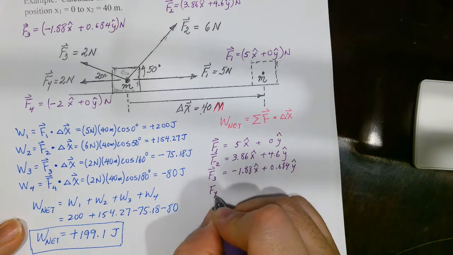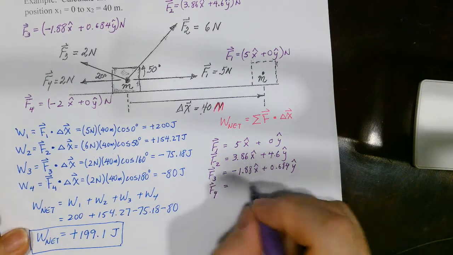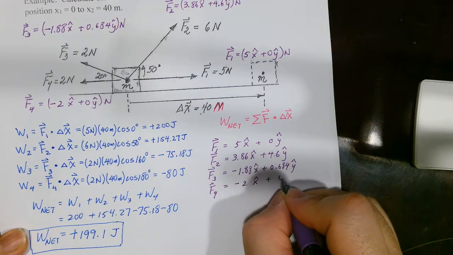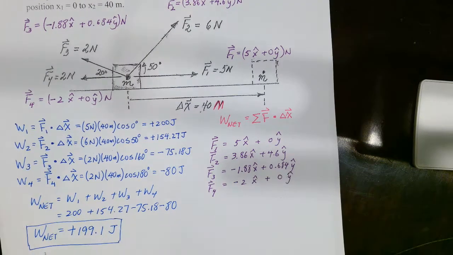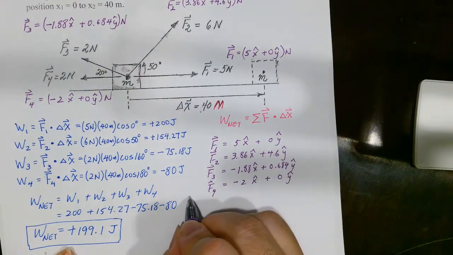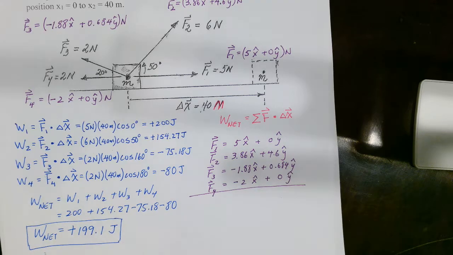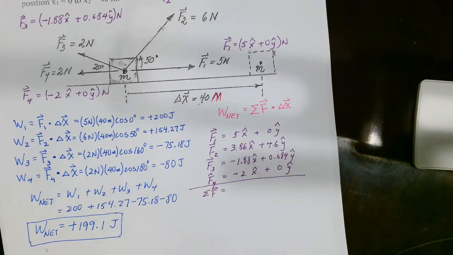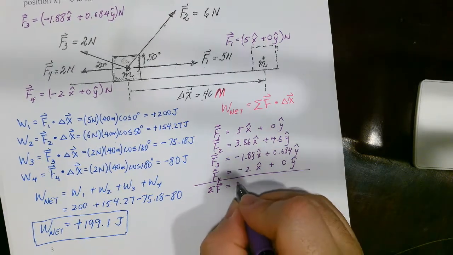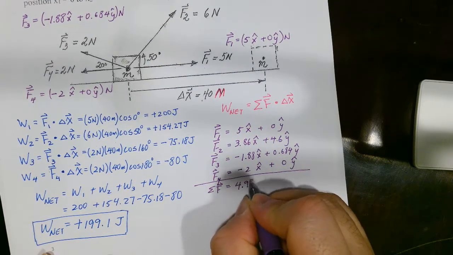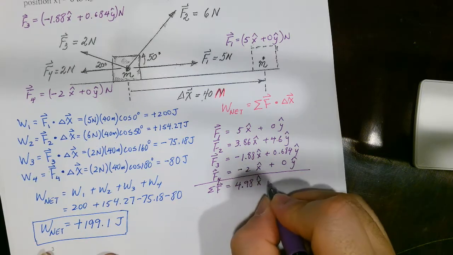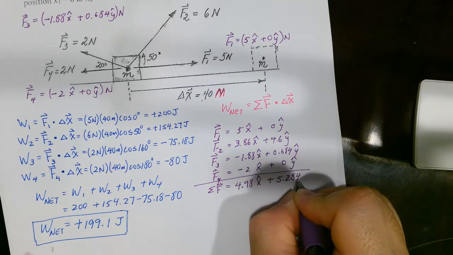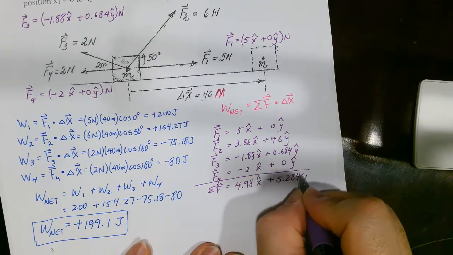And your F4 is negative 2 x hat plus 0 y hat. If you add them all up, you get your net force, which is simply 4.98 x hat plus 5.284 y hat.